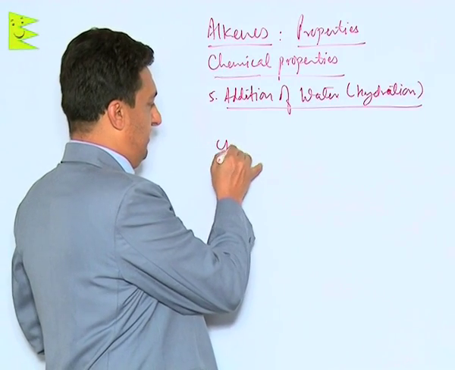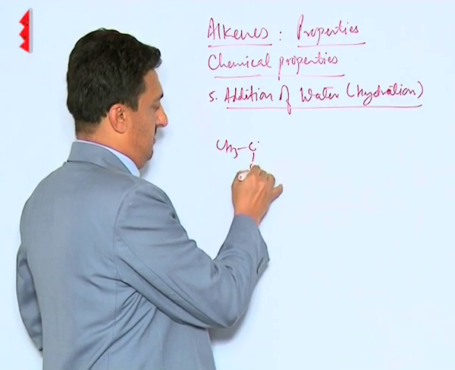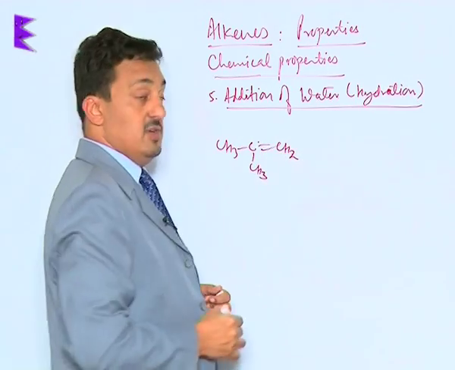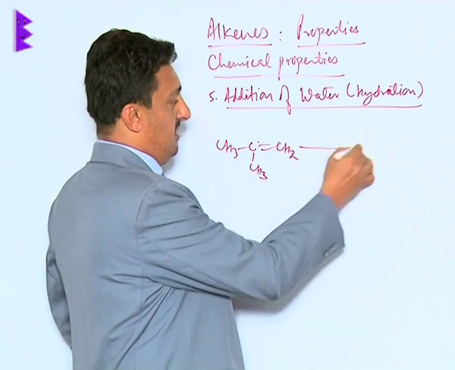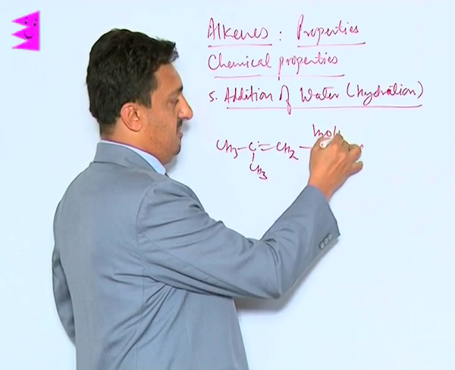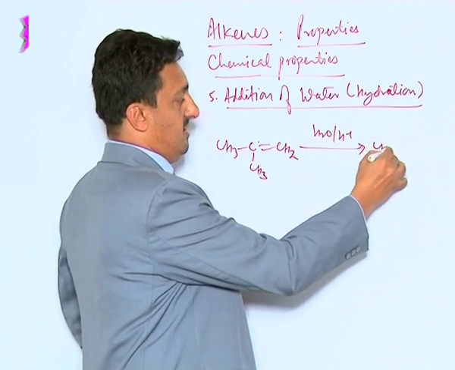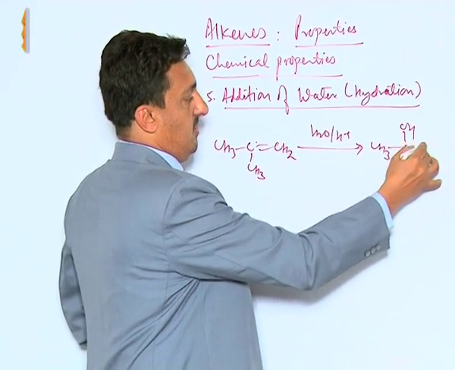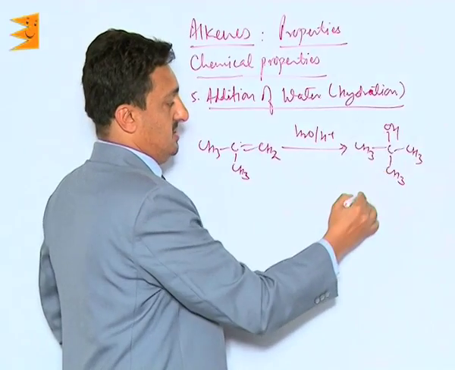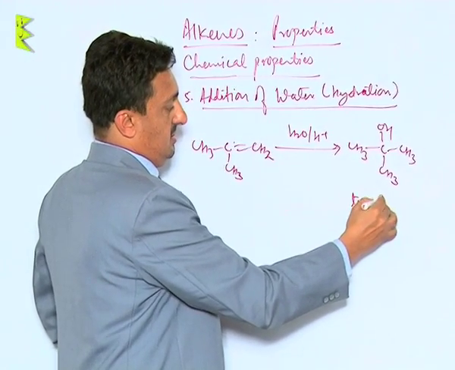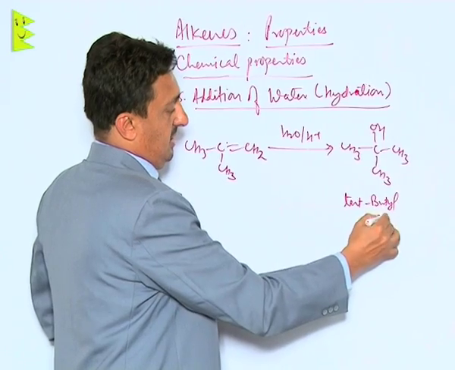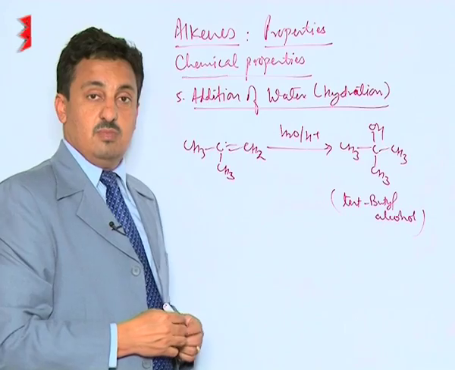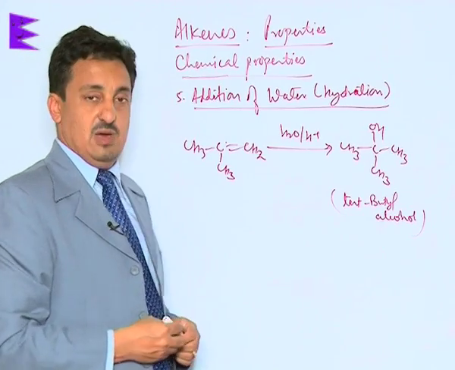So if we have 2-methylpropene, and water is added in presence of H plus, definitely the more substituted carbon will acquire the OH, and we get tert-butyl alcohol as the product. So yes, this follows Markovnikov's rule.